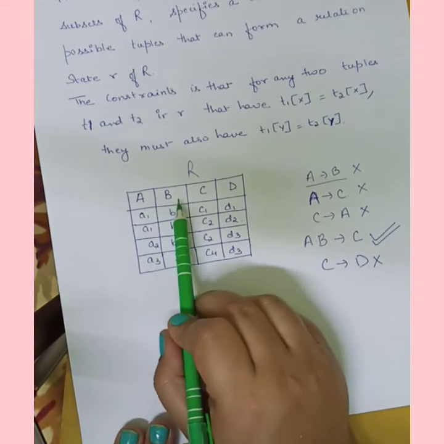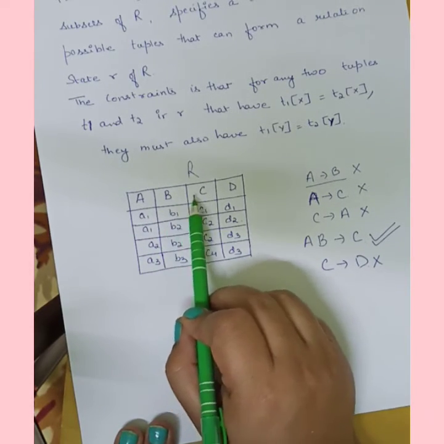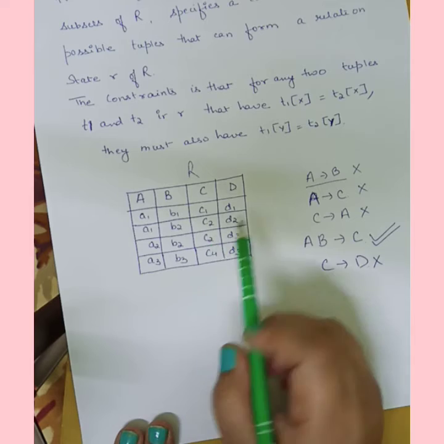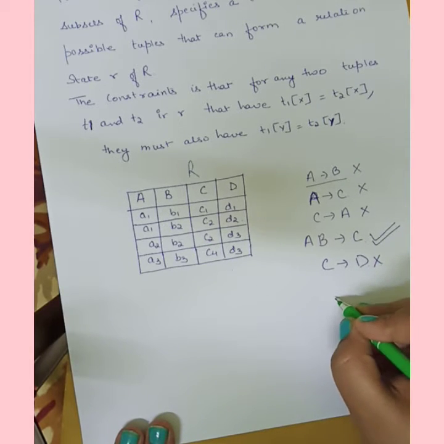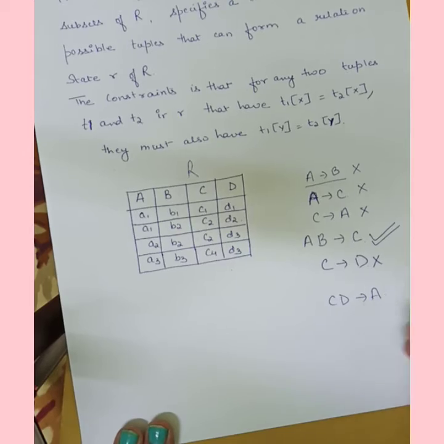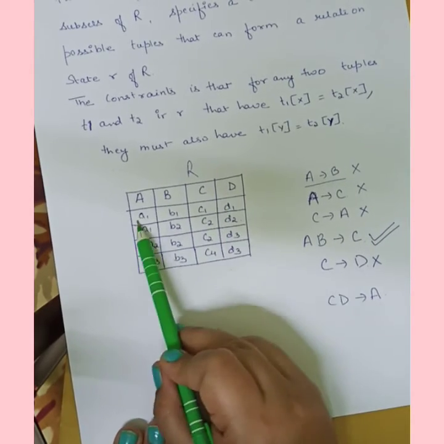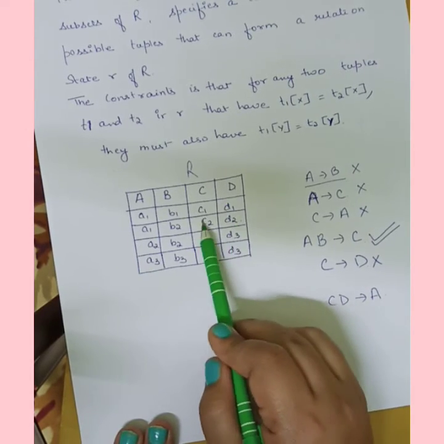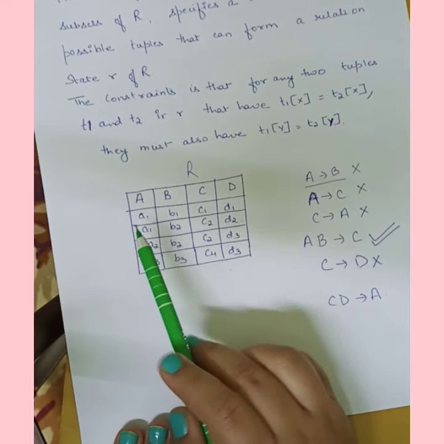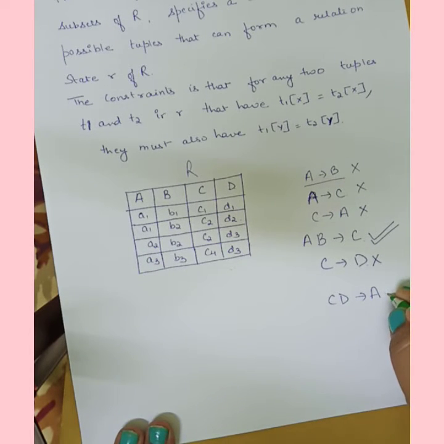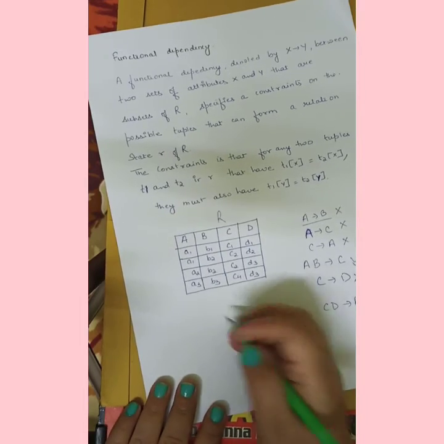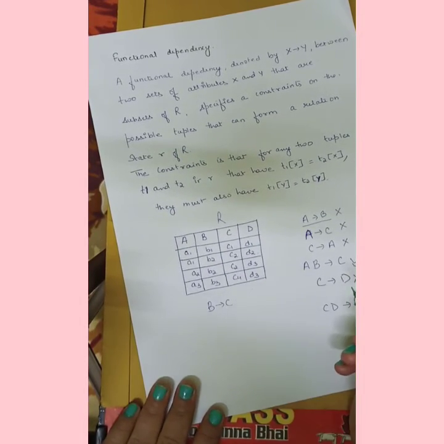So we have to check for each and every attribute, and we have to unite two attributes to check whether the functional dependency holds or not. We can combine C and D and check for A. We can check that C1 D1 gives A1, C2 D2 gives A1, so they have different X values with the same Y value. The functional dependency does not hold there. Now one more example: we can check B implies C, whether the functional dependency holds or not.